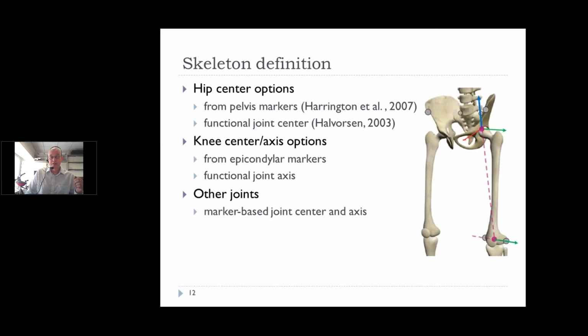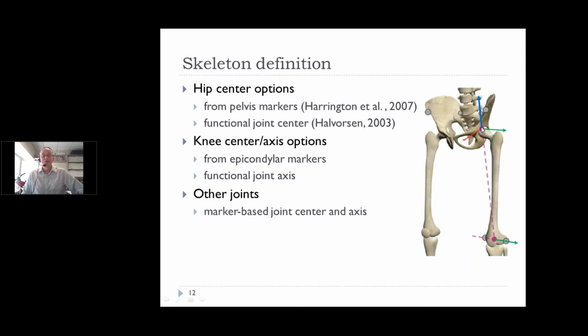Skeleton definition is done one joint at a time, and I'll just talk a little bit about the leg here. So the hip and the knee are critical. For the hip and the knee, we have two options. You can define the hip joint center based on the pelvis markers, and that's done with a method that was published by Harrington. So you get the coordinates of the markers on the pelvis, and you calculate where that hip center is.